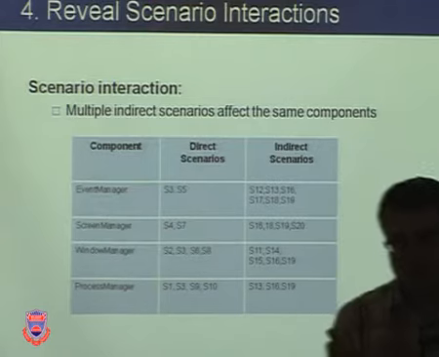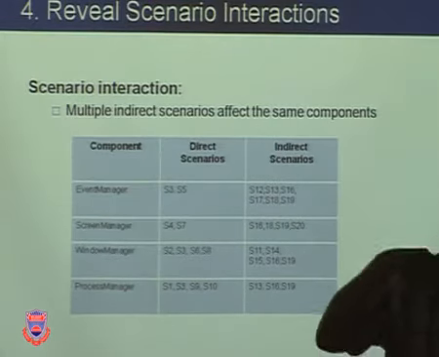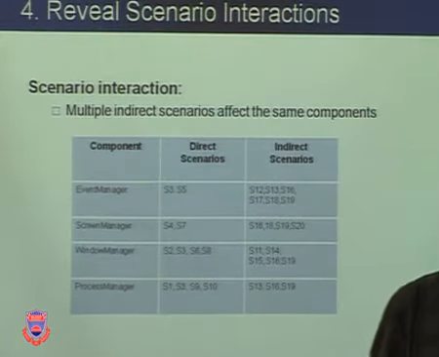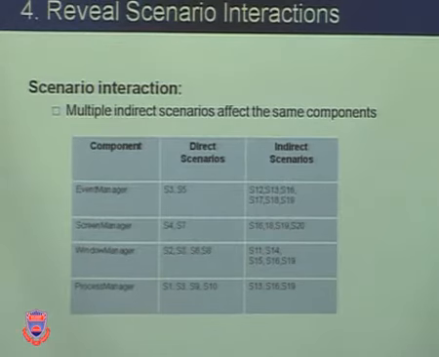Each architecture component, and then check how many scenarios are interacting in that component. Like here, the window manager, there seem to be about these 5 scenarios interacting. In this case, we have also provided the scenarios which are direct, okay? Which means for the given scenario, we don't need to do anything in this component.